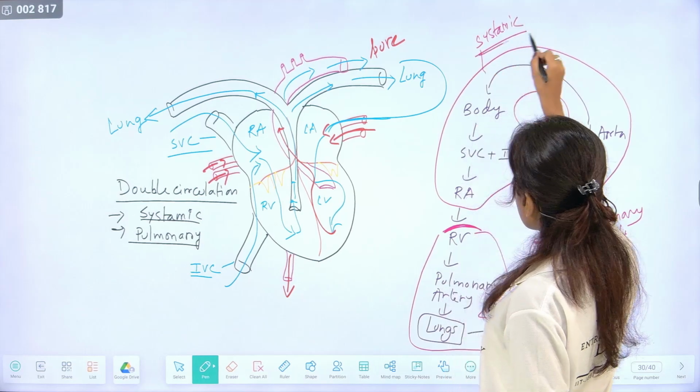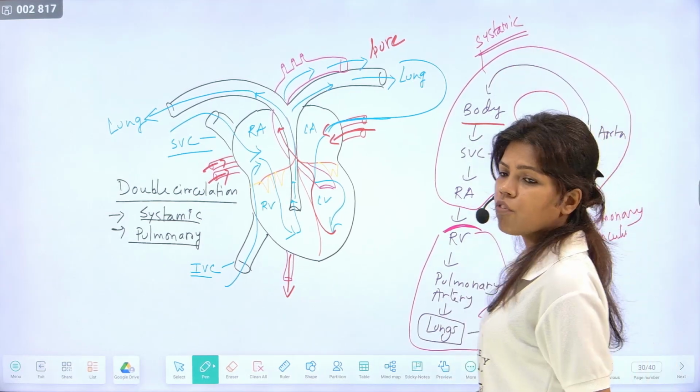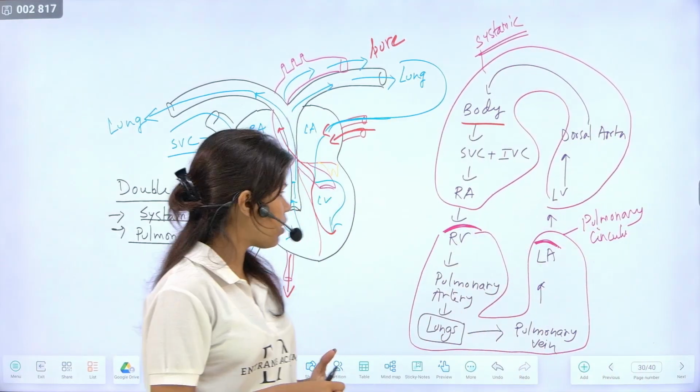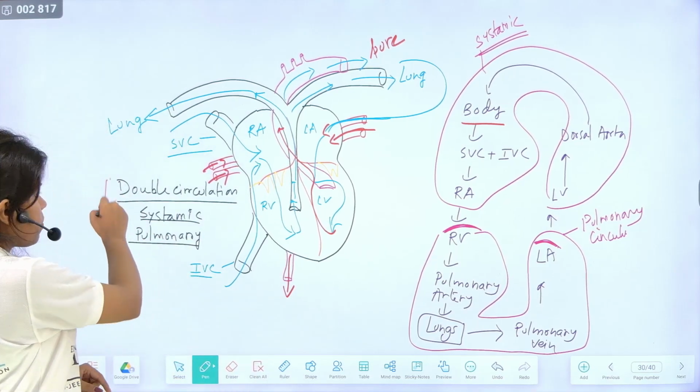So body involves systemic circulation, lungs involve pulmonary circulation. Together these two are known as double circulation in the human heart.